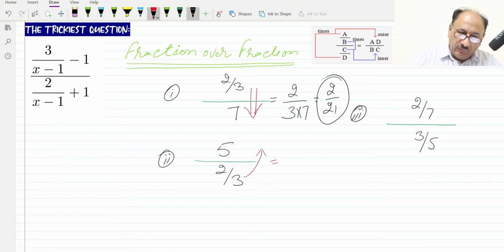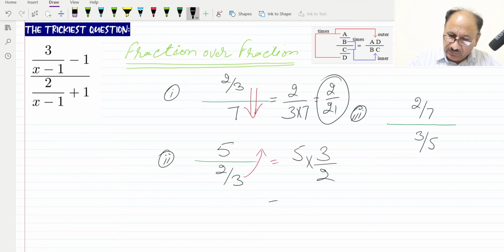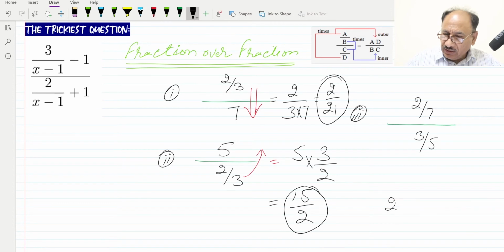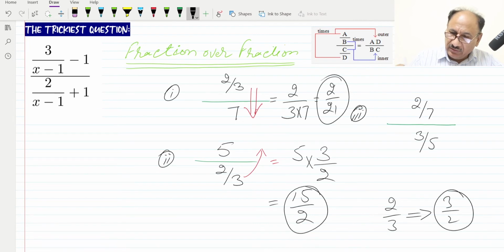So 5 as it is, and the reciprocal of 2 by 3 will be 3 over 2, and this will be 15 over 2. Keep in mind the reciprocal of 2 by 3 is 3 by 2. This is how we write the reciprocal.